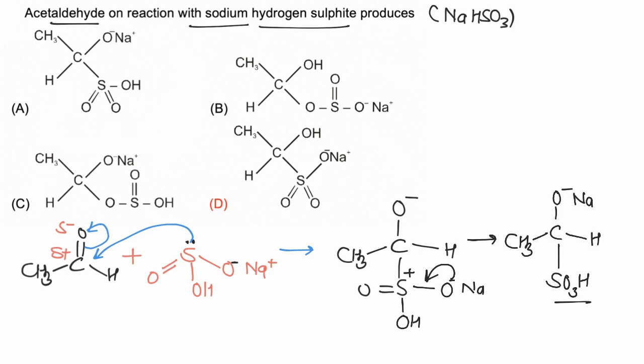Now sulfonic acid has an H positive ion. Sulfonic acid acts as a strong acid and O negative as a strong base. So hydrogen is transferred between these two atoms. So finally we get CH3, C, OH, H, and SO3Na. Now this is the salt formed, and hence the correct answer is D.